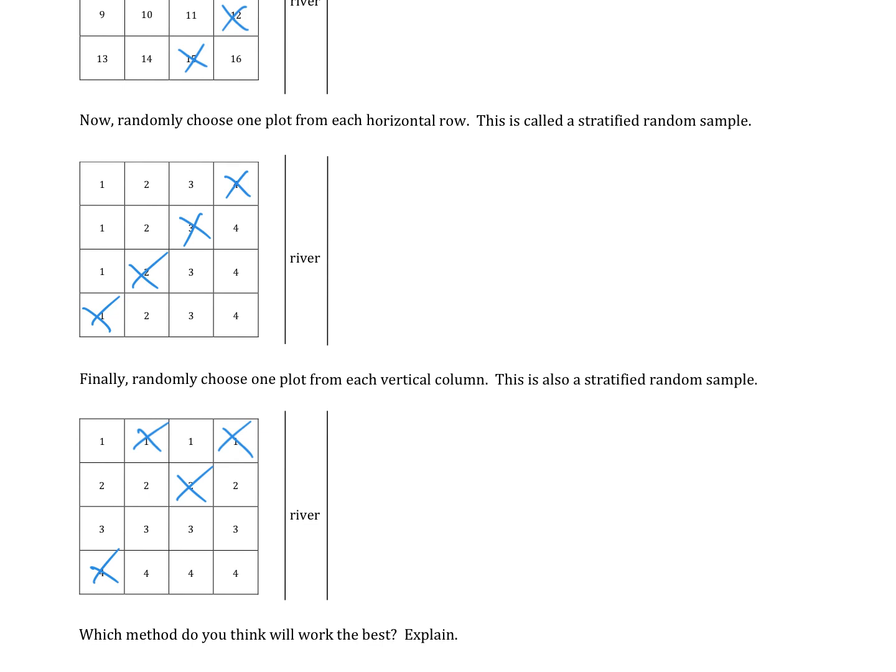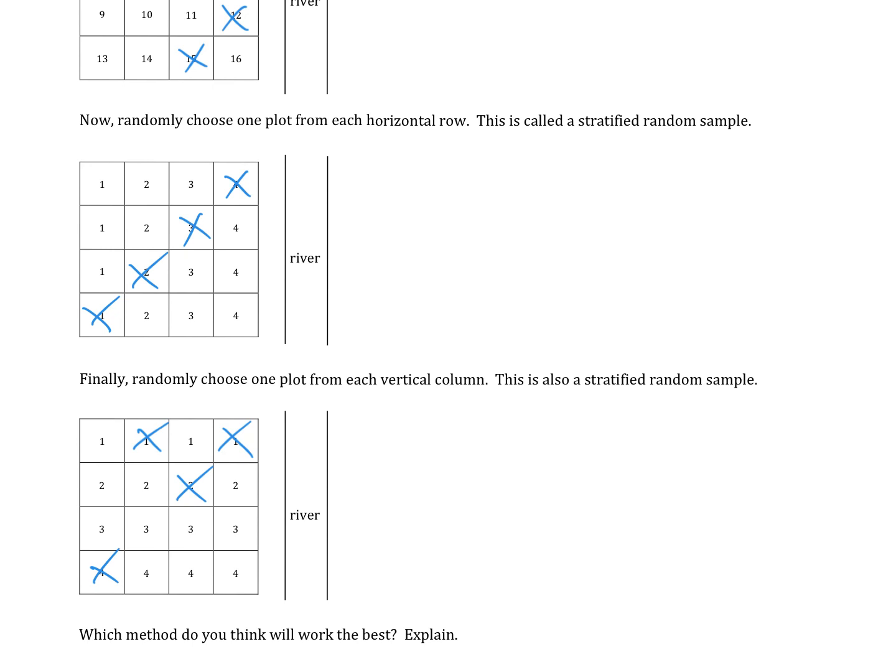Here, these groups are all similar to each other, but these plots are not similar within the group. In this group, all of the plots are a similar distance from the river. All of these plots are a similar distance from the river. And then we have differences between our groups.